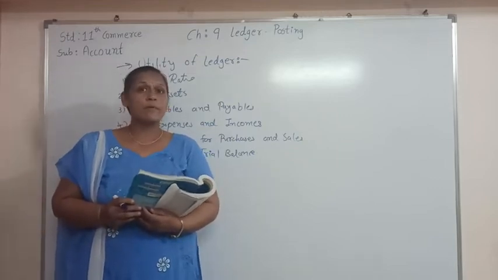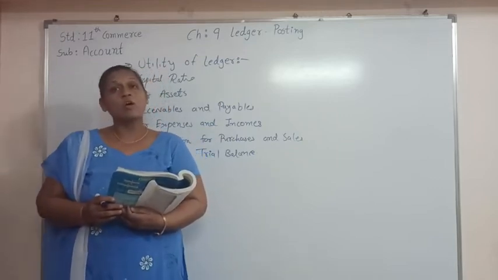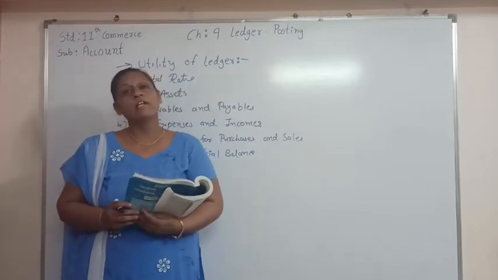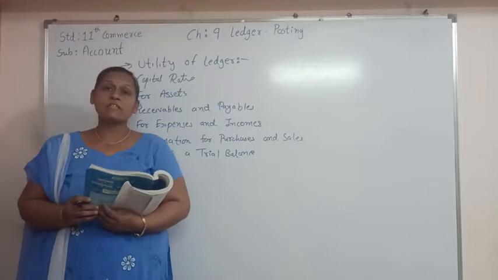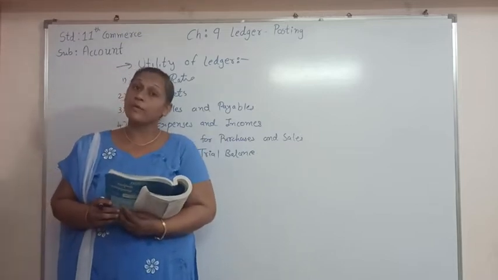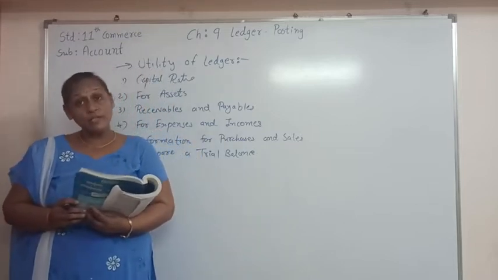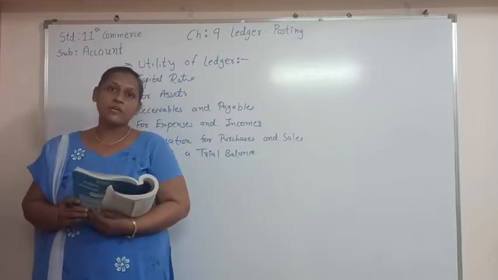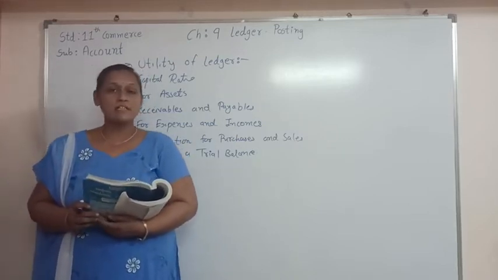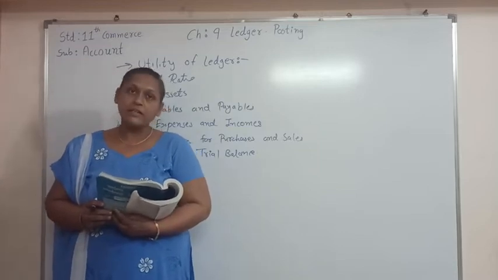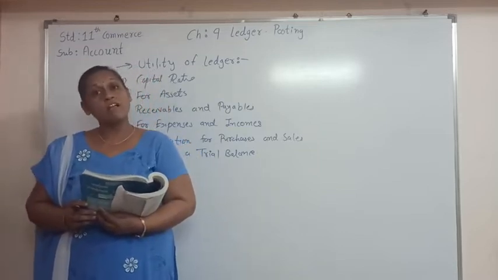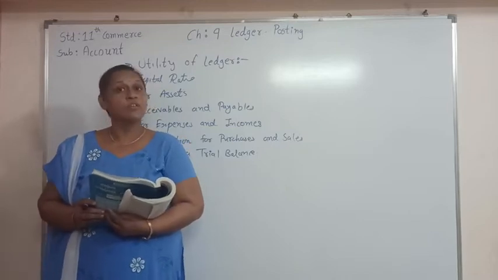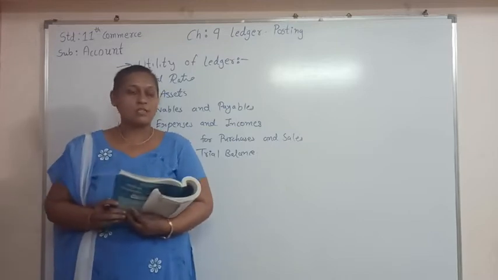So after making the postings, we have to find out the balance of each account of the ledger, and that balance we take to the trial balance. After preparing the trial balance, we can come to know that whatever the books of account written, it is written mathematically correct. That can come from the trial balance only. So trial balance is also a very important step of the accounting process.